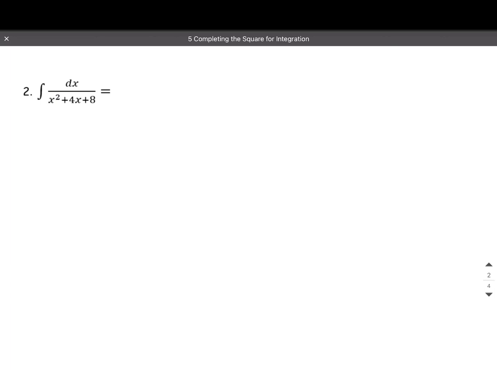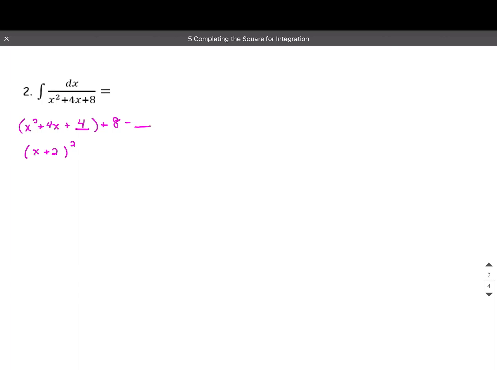So let's take this denominator, x squared plus 4x, and I'm going to leave some space for completing the square, and I still have the plus 8. Now if I'm adding something inside the parentheses, I'll have to subtract the same thing outside the parentheses. Now let's get ready to complete our square. x, I'm going to close it, squared. Now half of 4 is 2, and 2 squared is 4.